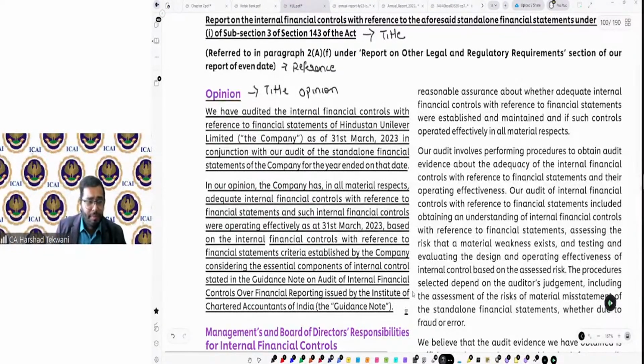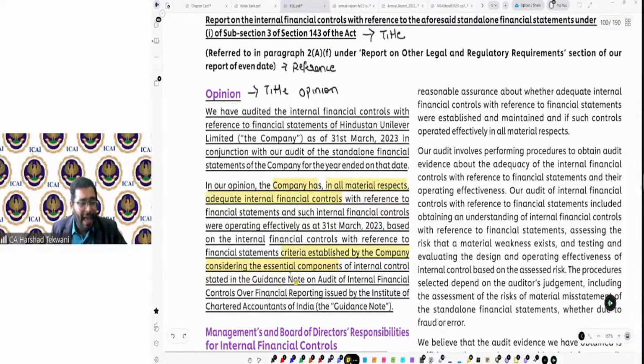So, three things. Number one, that the company has in all material respects adequate financial controls with reference to the financial statement. Number two, based on the criteria established by the company, considering the essential components stated in the guidance note.